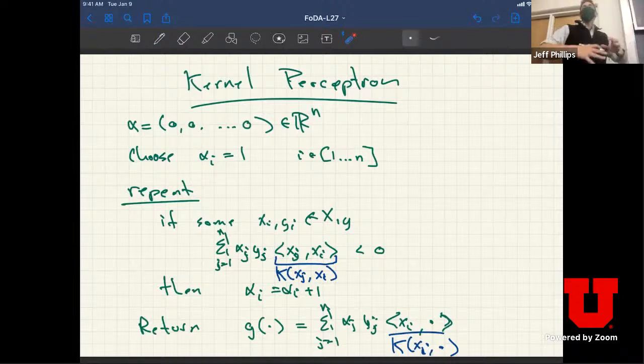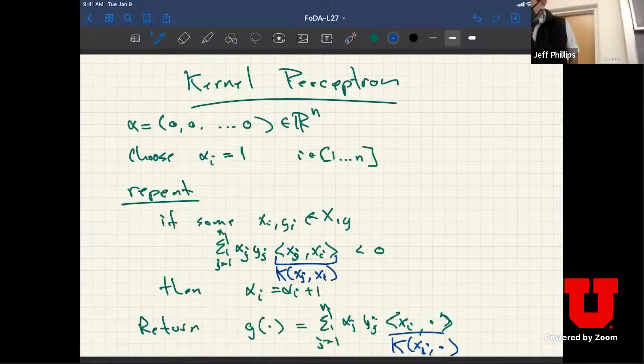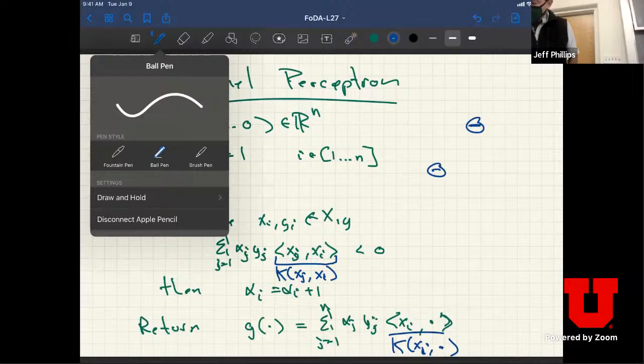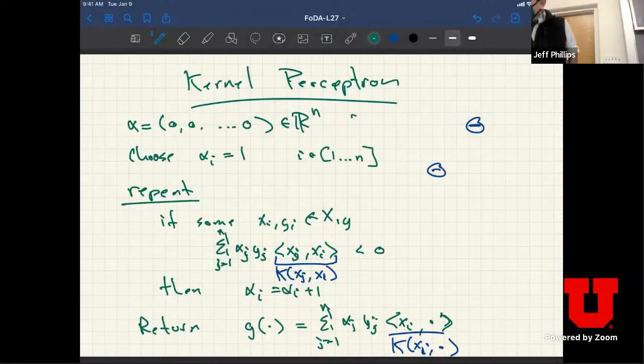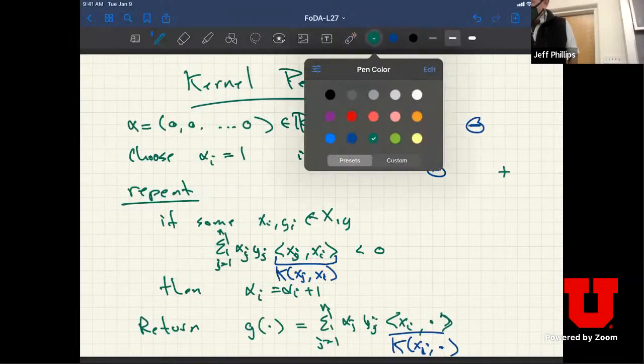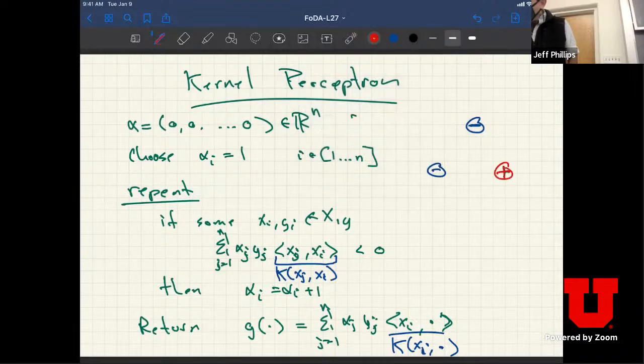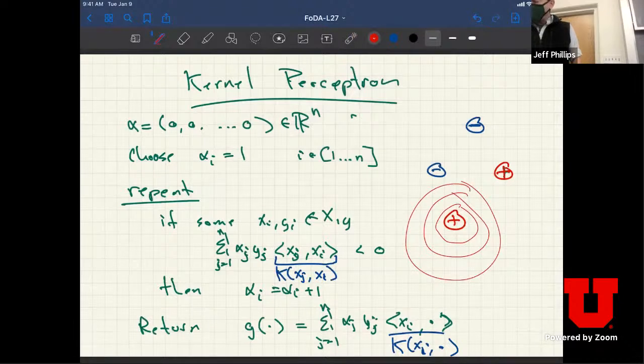So think of the kernel. When I'm using a Gaussian kernel, the way I like to think about it is I'm going to have points which are negative and points which are positive here. And remember, these are kind of emanating these weight functions. I'm saying I'm close.